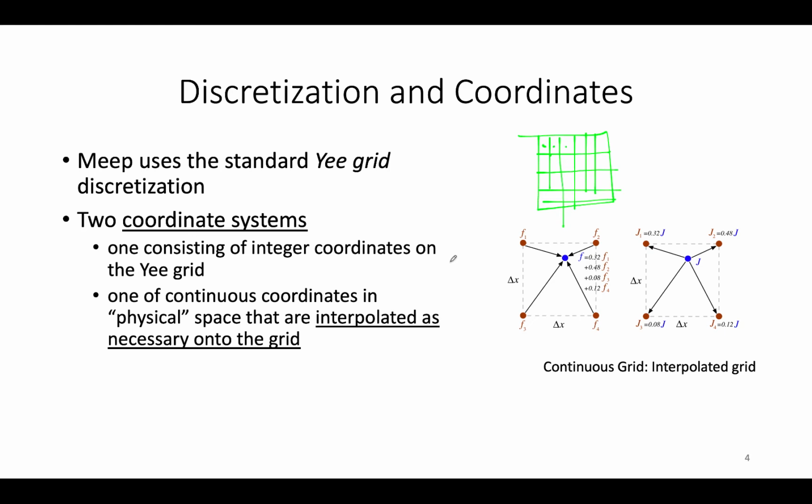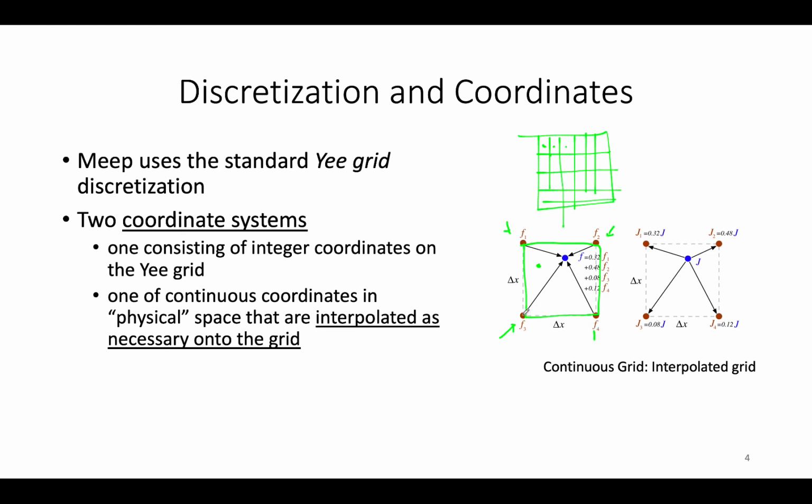So how does this work out? Well, given a discrete space like a cell, Meep allows us to calculate the values of the field, which is actually defined only on the grid nodes, by interpolating the quantities defined on the different nodes. So in this case we have 4 values, F1, F2, F3 and F4.